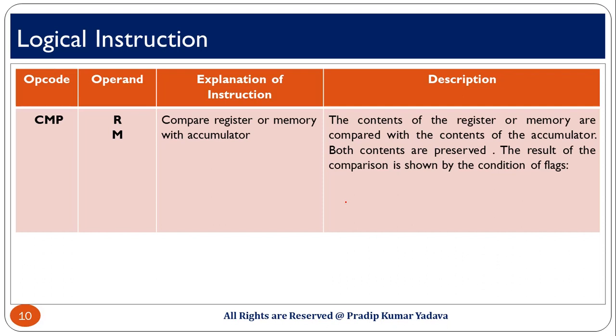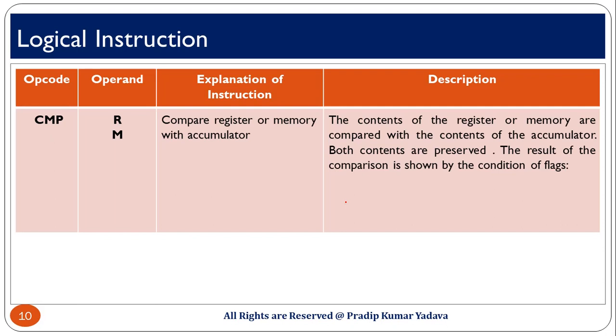So by the condition of the flags we can easily find which number is larger, whether the one in the accumulator or the one in the register, or whether they are equal.